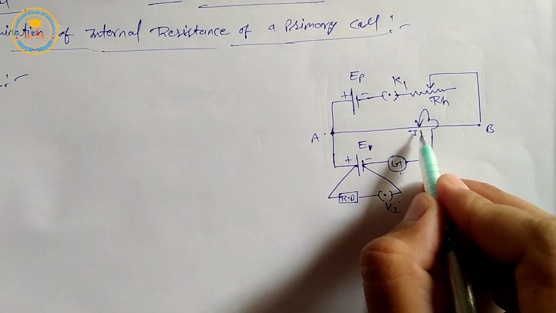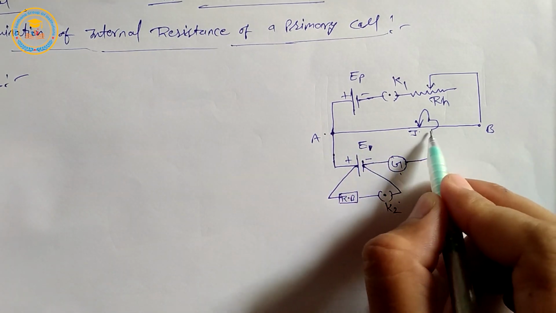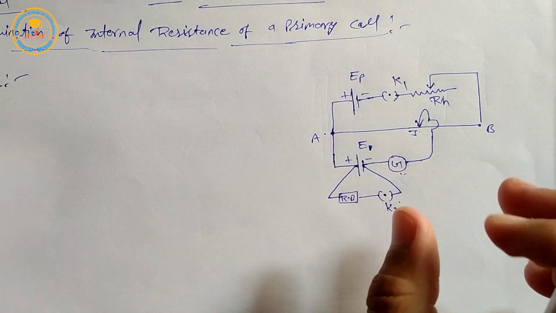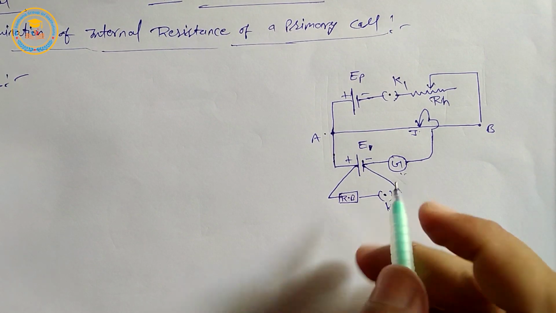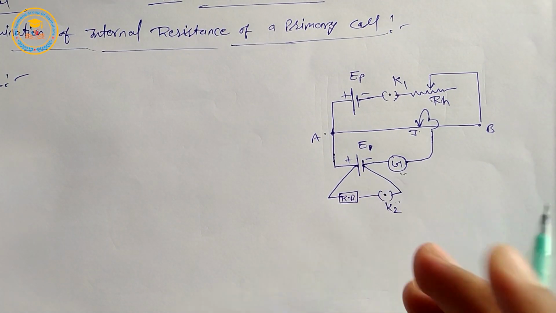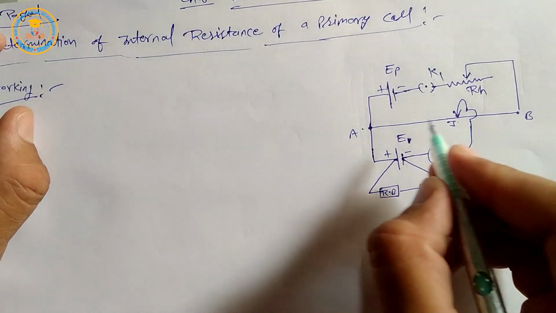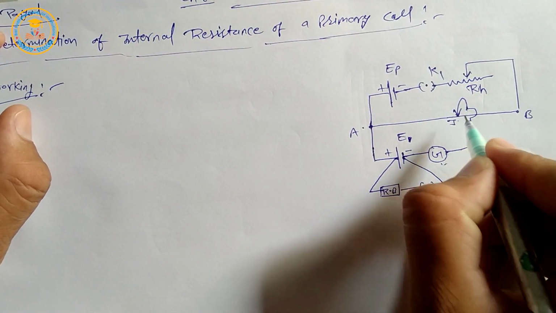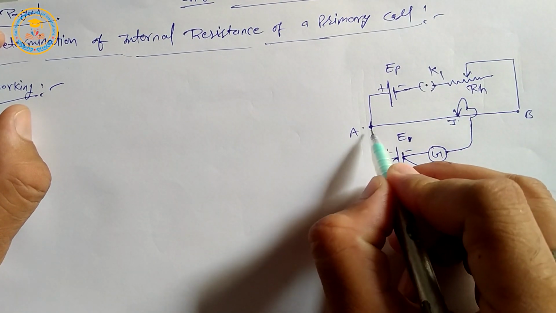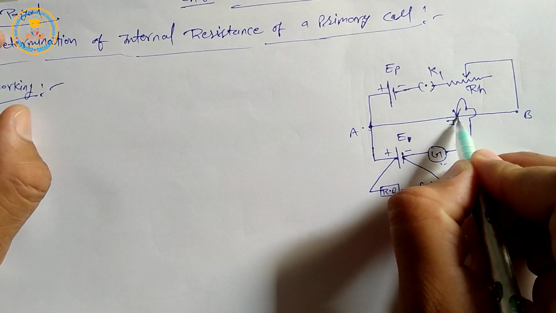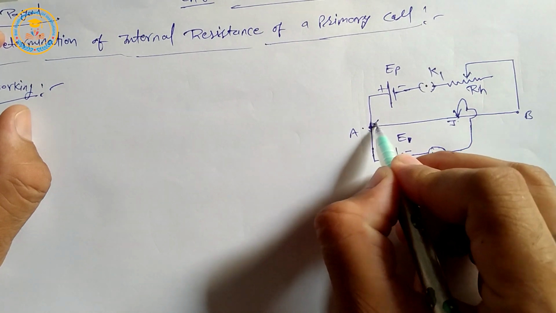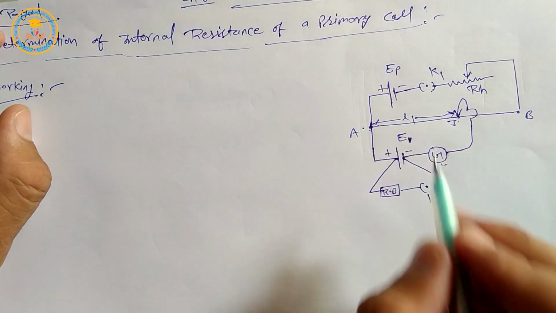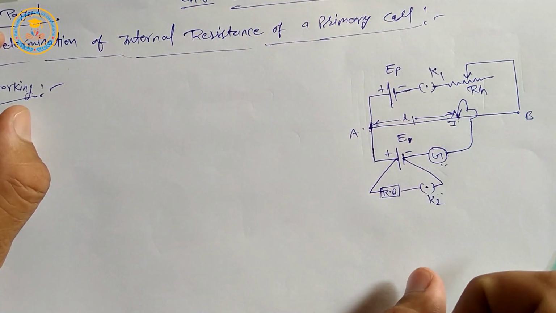Now by moving this jockey over the wire of the potentiometer, we achieve zero deflection in the galvanometer. In this situation, the distance between point A and the zero deflection point is called the balancing length. Suppose this is L1 for the first situation.